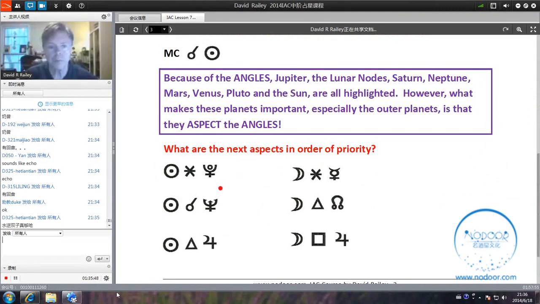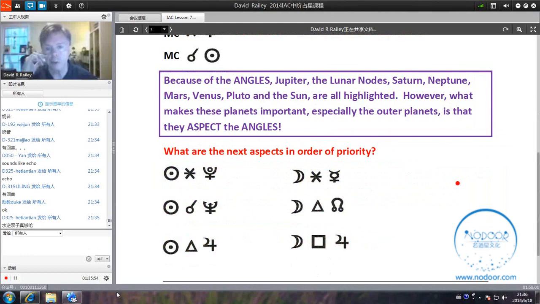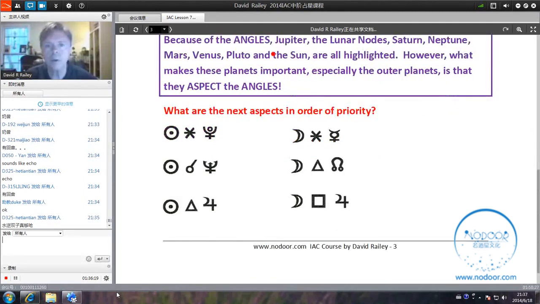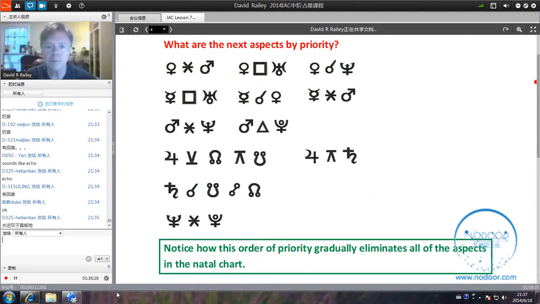Okay. Here, once you get past the angles, we look at the sun and moon and we list those aspects, according to which are the closest. Then we go to the next list, the aspects of the other planets.